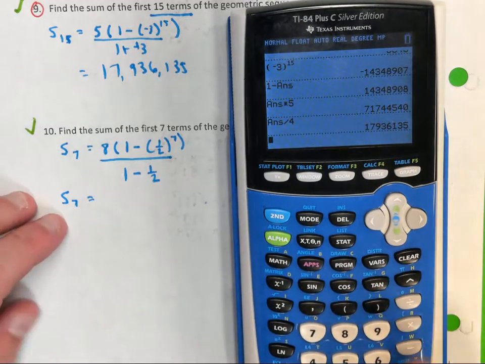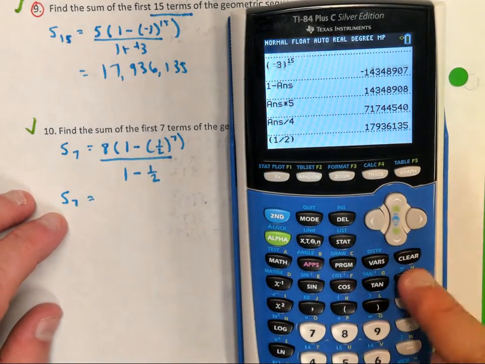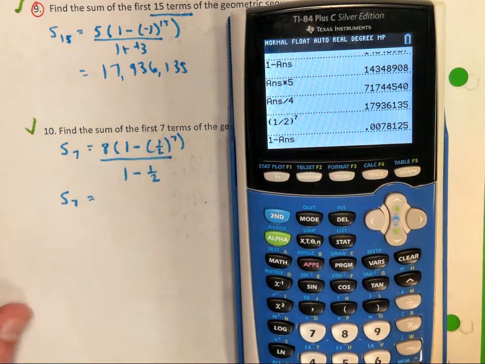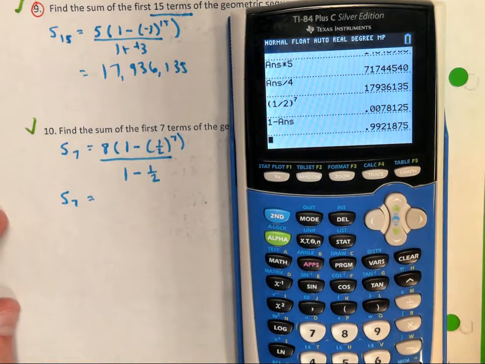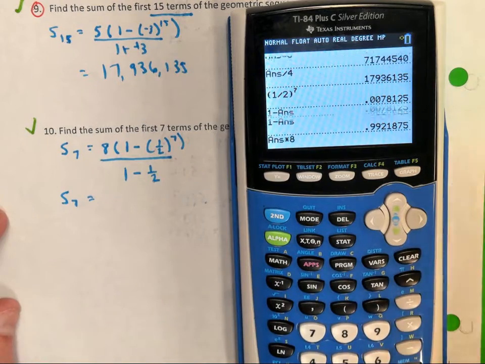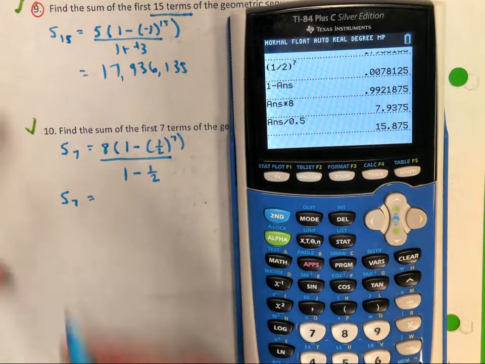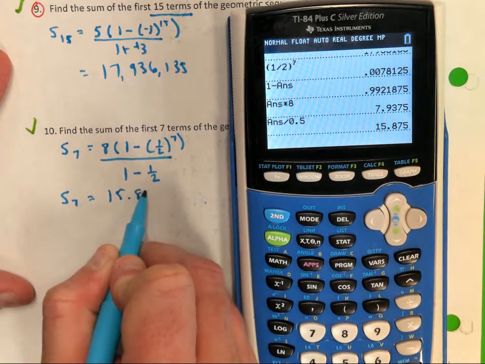So I would do 1 divided by 2 raised to the 7th. 1 minus what I just got. Use the answer. Times 8 divided by 1 minus half is 0.5. So you get 15.875.